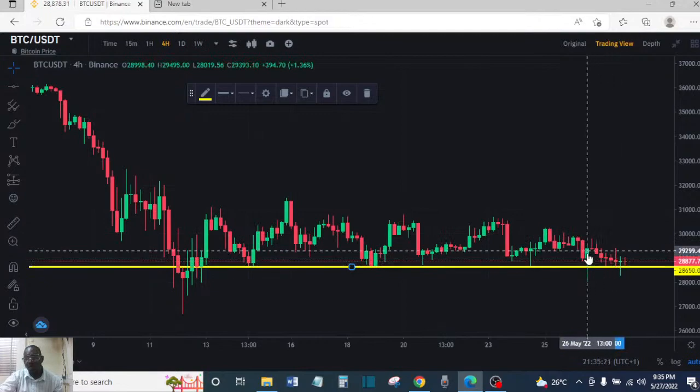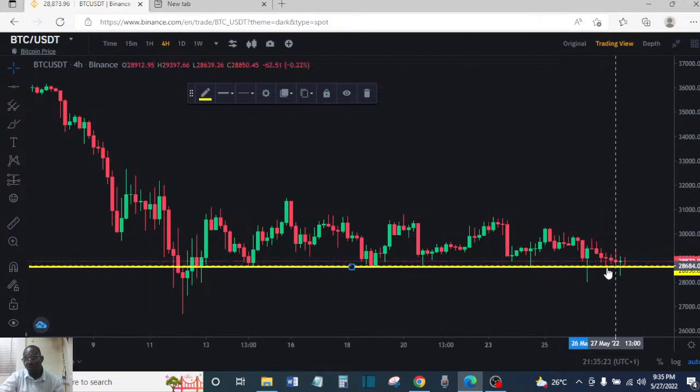So now if you are placing your entry around this area, where will your stop loss be?